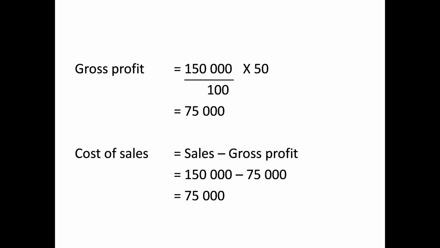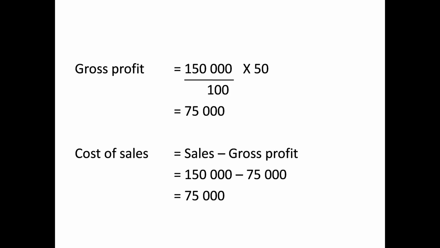If 150,000 rupees equals 100 in our assumption, what we need is the rupee value equal to 50 in our assumption. Therefore, we are going to write this as 150,000 divided by 100 multiplied by 50. So you are getting the gross profit as 75,000.